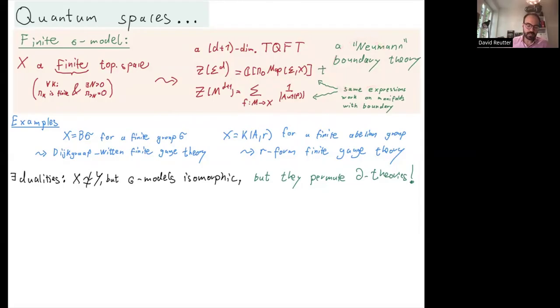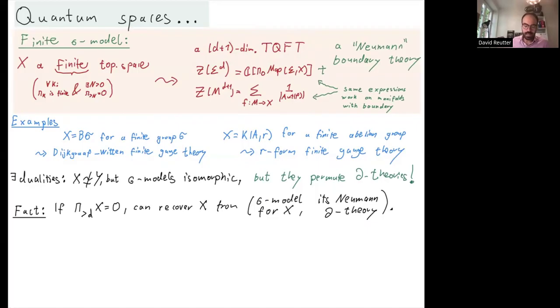And the key point is that one of these dualities will in general permute the boundary theories. So if you think of a space as assigning to you a package of a D plus one dimensional TQFT together with the boundary theory, and you remember the boundary theory, then there's a good chance that this recovers the space. Because the dualities we know switch the bulk theories, the D plus one dimensional theories, but they will mess up the boundary theories when doing that.